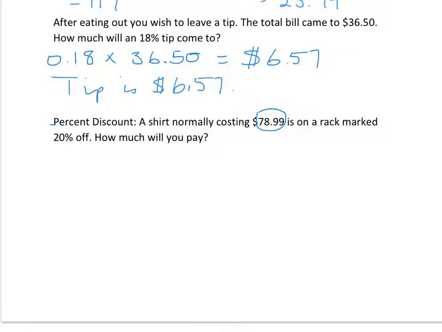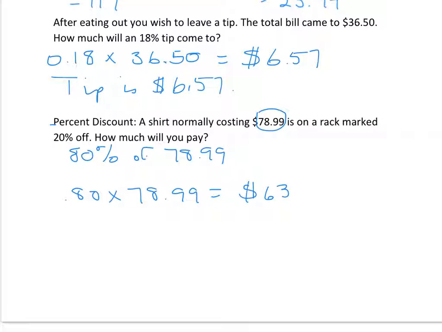So you're paying 80%, so you're going to actually calculate 80% of $78.99. So multiply by the decimal value and you get $63.19 is the new price.